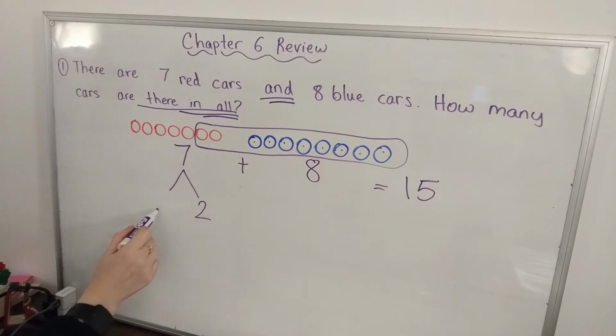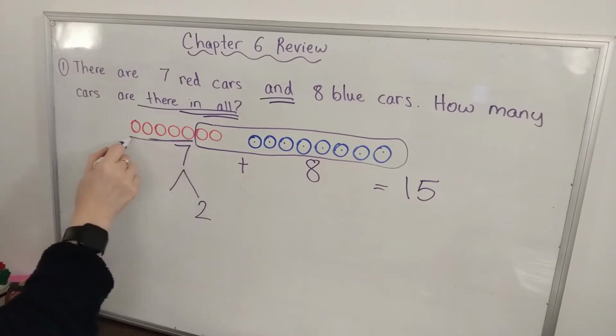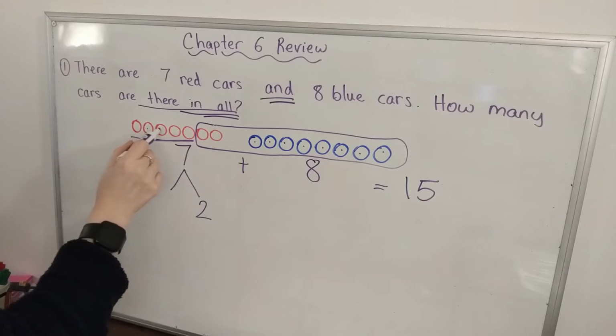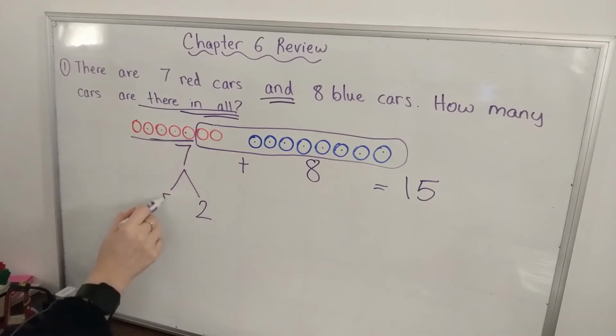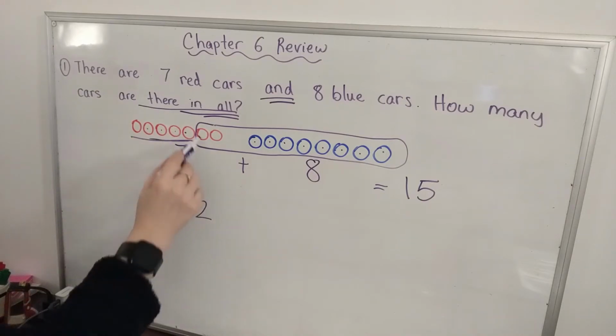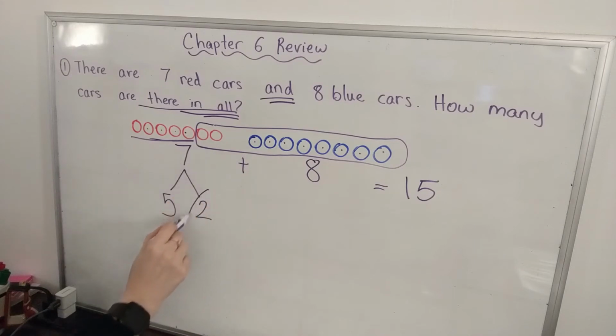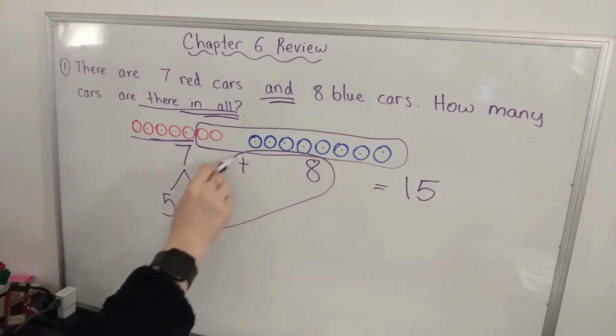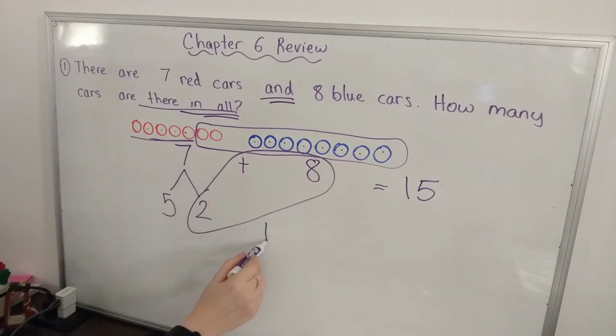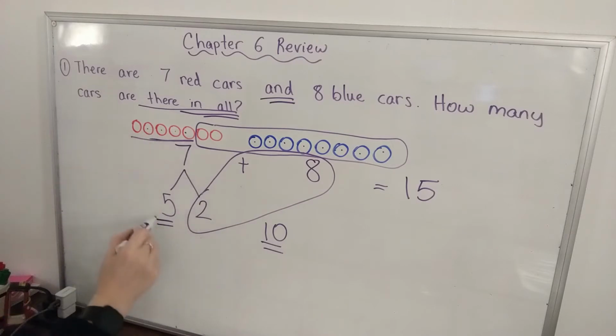What's left inside of the 7? 1, 2, 3, 4, 5. Since I gave the 2 to the 8, I'm going to do that with the numbers. 8 plus 2 is 10, and we add the leftovers. The 10 plus the 5 is 15.